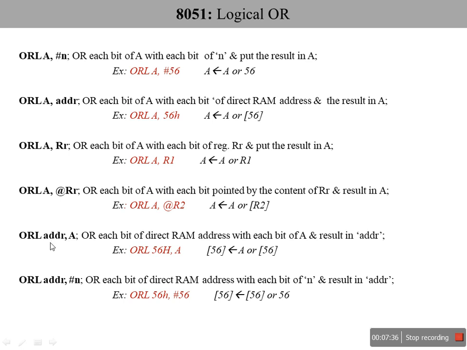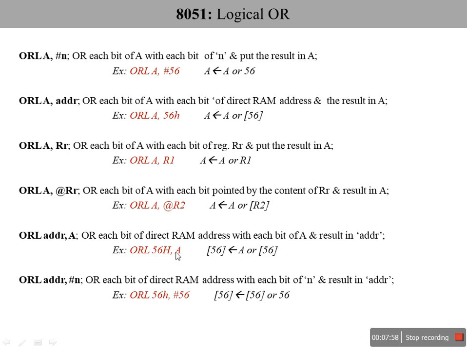Then next is ORL address comma accumulator. Here the content of the accumulator will be logically ORed with the content of the memory location whose address is specified here. For example, 56. So a logical OR operation will be done with the content of the accumulator and the content of the memory location 56.